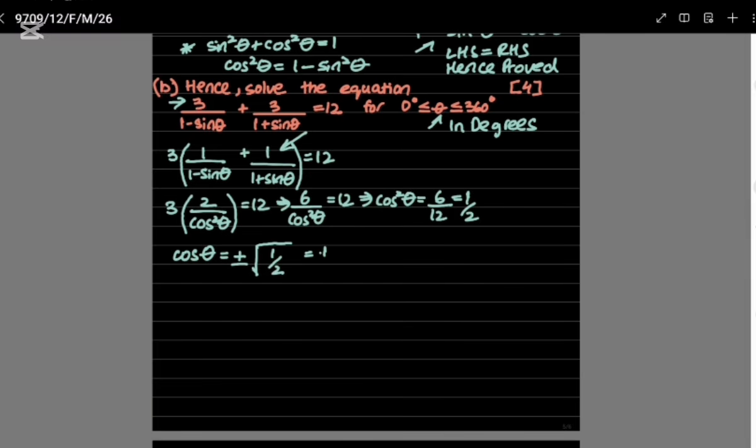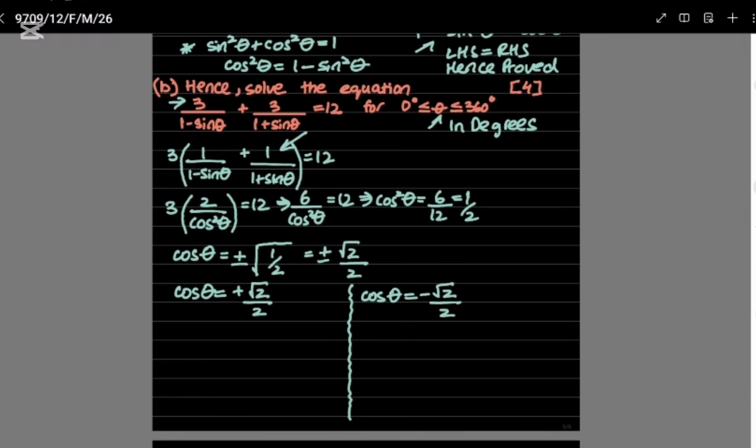Now we get plus minus root 2 over 2. Now let's split it up into 2. Cos theta is equal to plus root 2 over 2. Cos theta is equal to minus root 2 over 2.